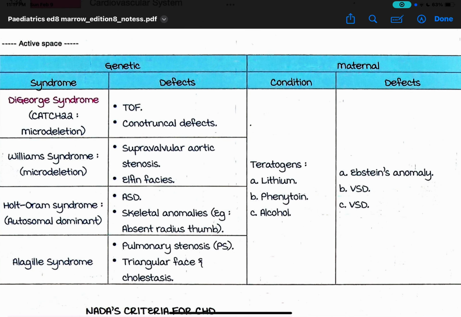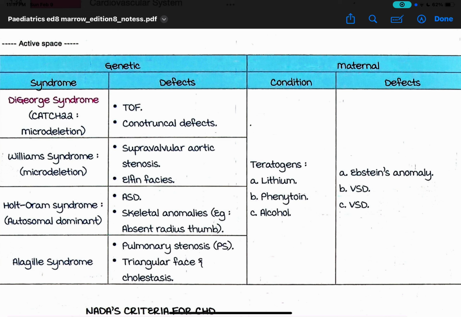DiGeorge syndrome, chromosome 22 microdeletion. Defects: tetralogy of Fallot, conotruncal defects. Another syndrome is Williams syndrome due to microdeletion.